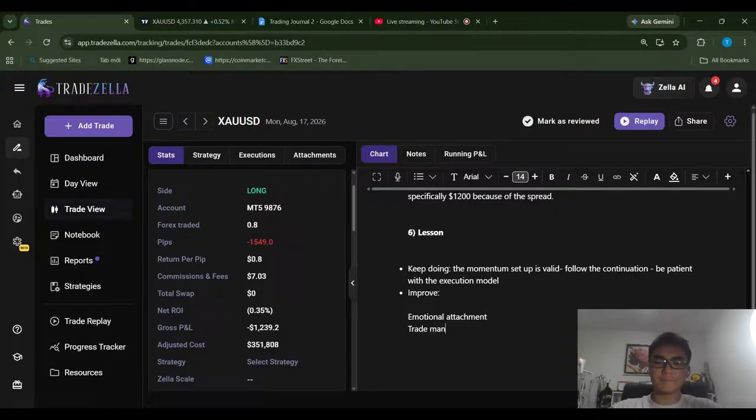Trade management: set a fixed take profit at a 1-to-1 ratio, or take partial, like 80%, and let the rest run. Well, that's it.